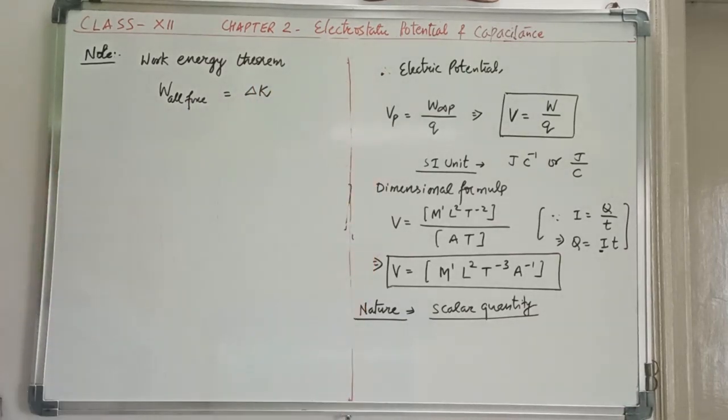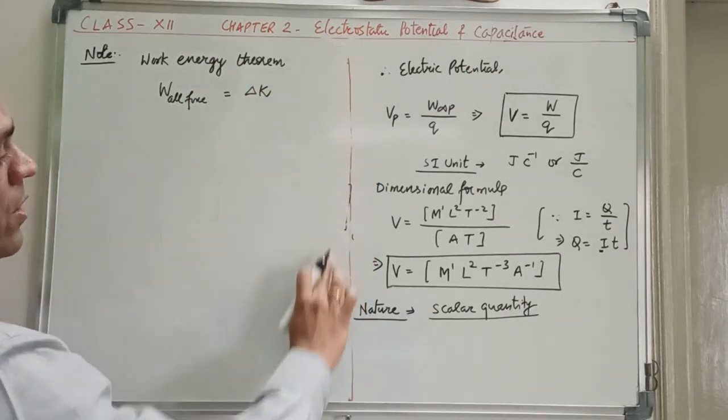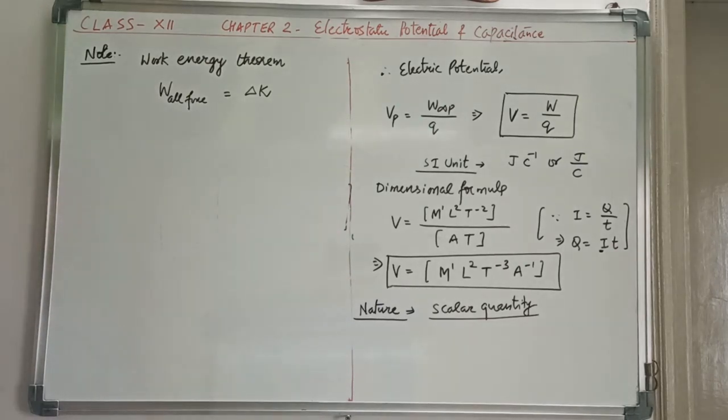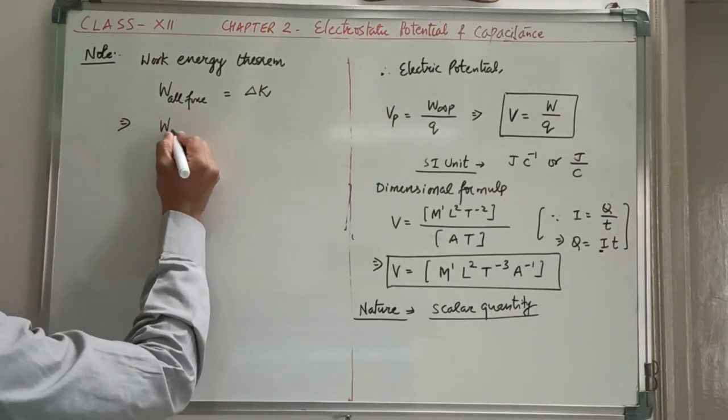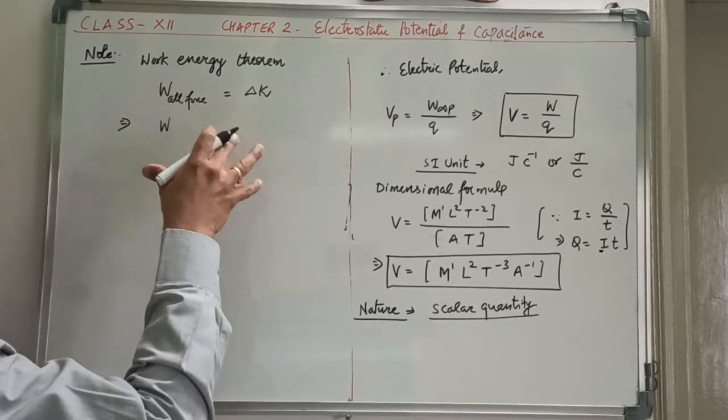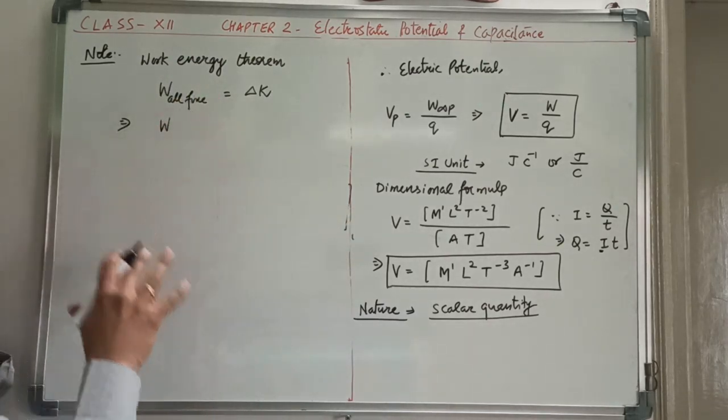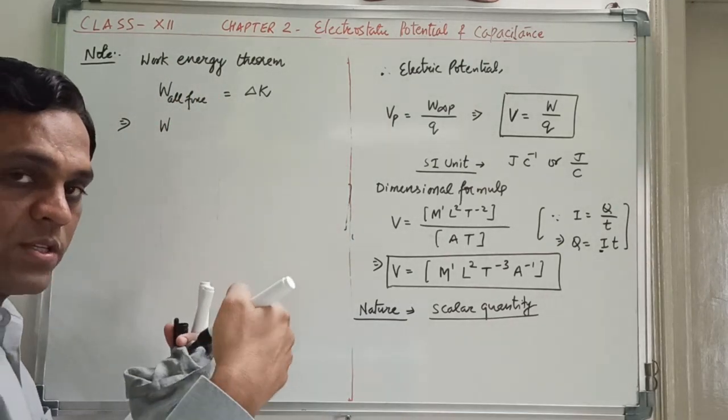So if you are bringing the charged particle from one point to another point without changing its kinetic energy, then delta K will be 0, and the forces which are doing work on the system are the electrostatic forces and the external forces.